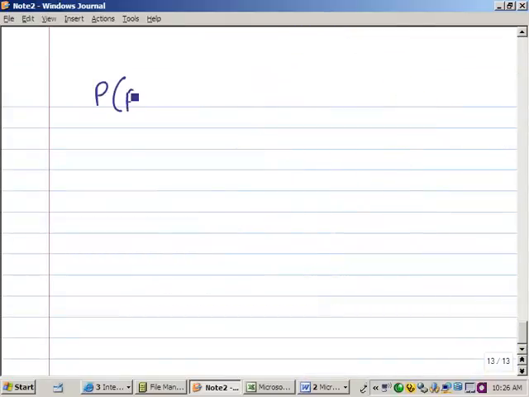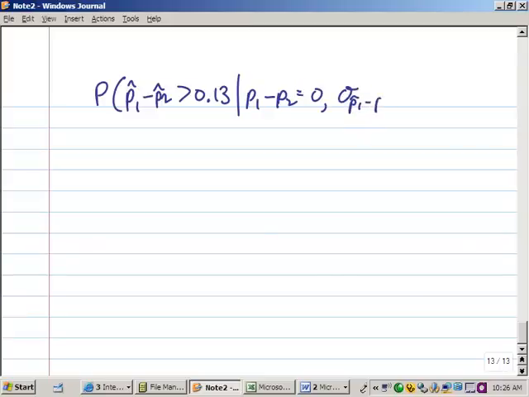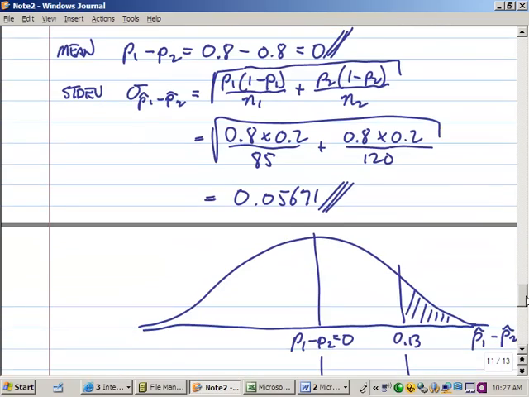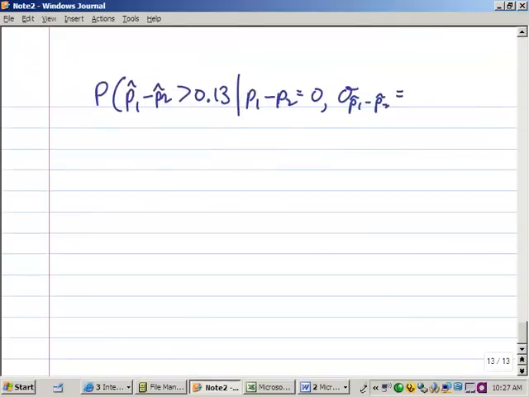This is the probability of getting a sample proportion difference greater than or equal to 0.13, where the mean of the distribution is 0 and the standard deviation of the distribution, sigma sub p hat 1 minus p hat 2, is equal to 0.05671.